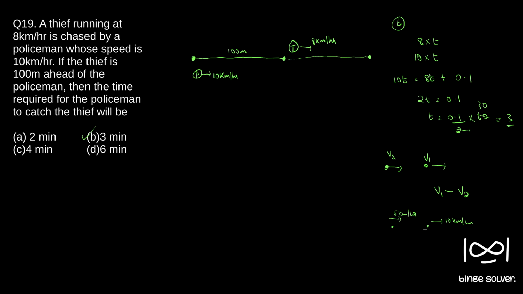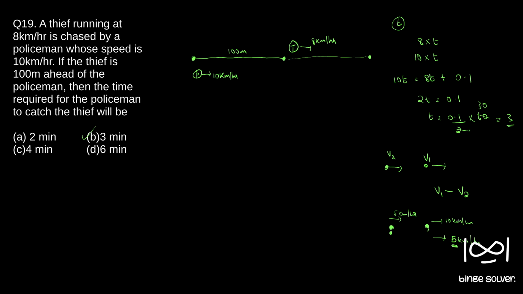From the perspective of this person, the other is moving ahead at the difference of the two speeds. So for every hour this person will see the other moving ahead at 5 km per hour.